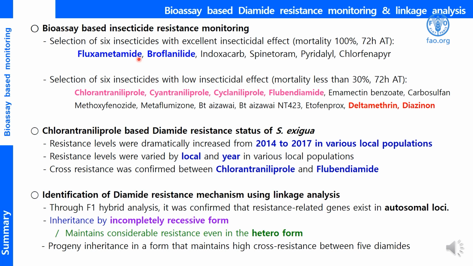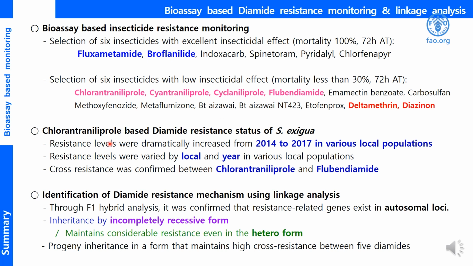So in this case, I can suggest to the farmers, please use this kind of insecticide to control Spodoptera exigua. Please do not use this kind of insecticide because it showed a high level of insecticide resistance. Even if you spray it, the control effectiveness is really low.